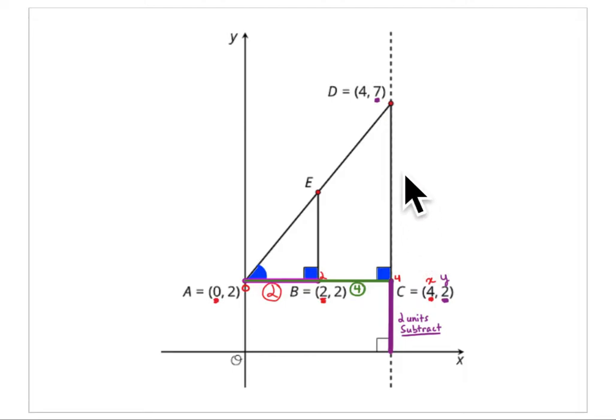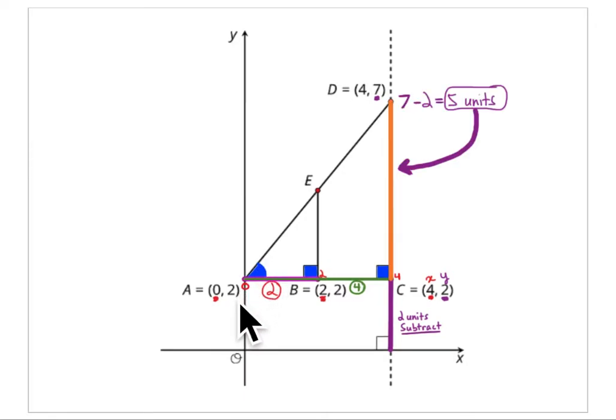We know the length along the x-axis. To figure out the length along the y-axis, you have to subtract these 2 units. Remember, this triangle has been moved up the y-axis 2 units, so we have to get rid of that 2 units right there. If it's 7 units up to this point, you subtract the 2 units and end up with this length right here of 5 units.